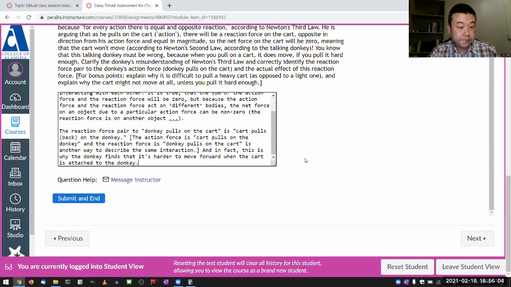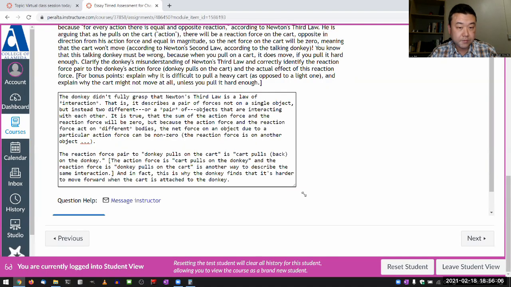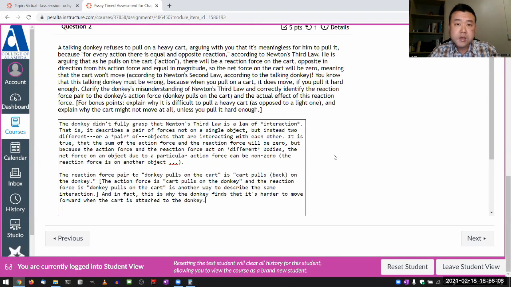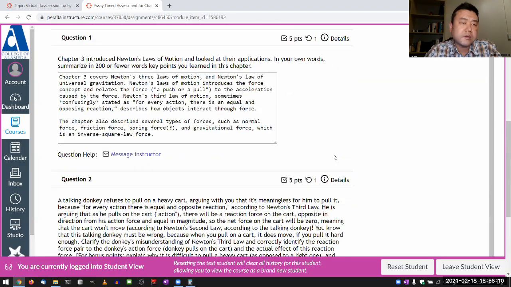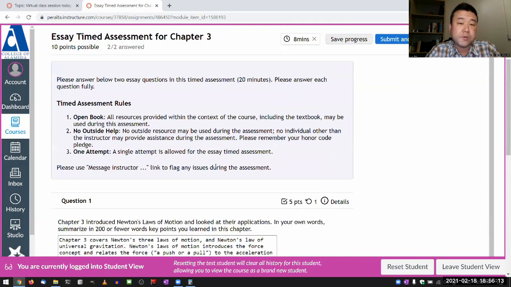So when you feel like you're done, you feel like you answered everything. With the essay timed assessment, 20 minutes should be on a relatively long end. I think if you have studied, and if you don't need to look through your textbook as you're answering this, you should find that 20 minutes is plenty of time.